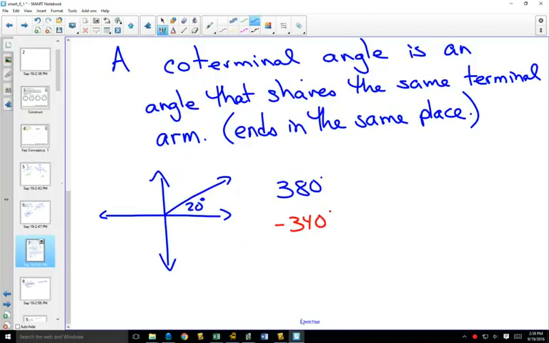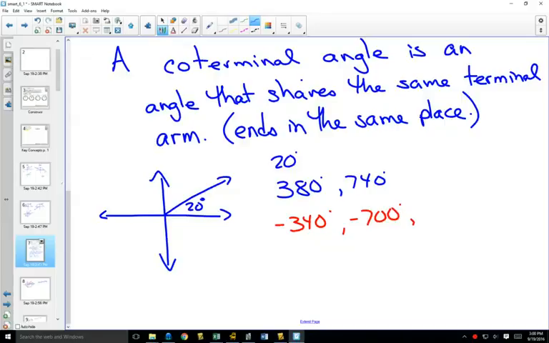Technically we could also say 20 degrees, because it ends in the same place as 20 degrees, but that's really obvious. How about another one? 740 degrees. Another one. Negative 700.